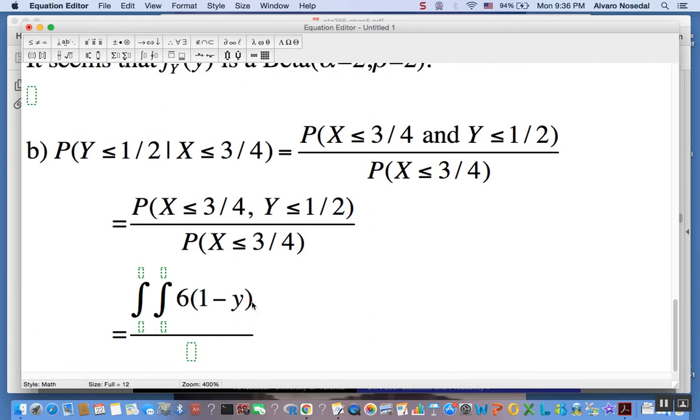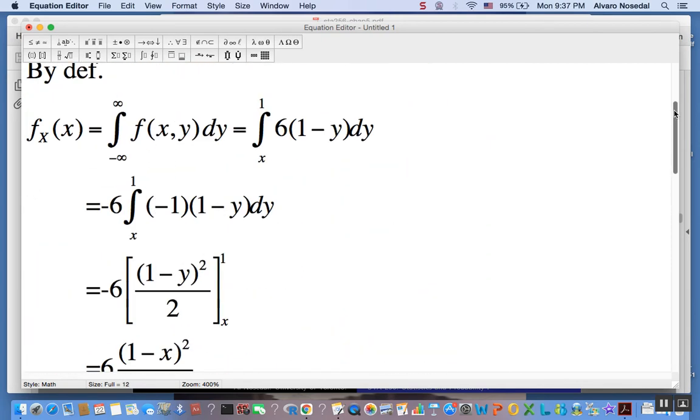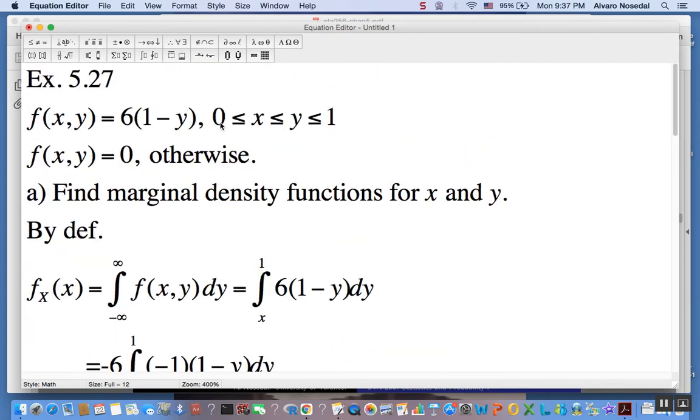Okay, so now if we are going to be integrating with respect to x first, right, then x must be less than or equal to 3/4. But what we know about x is that, well, you know, that guy must be below y, right? X must be below y.